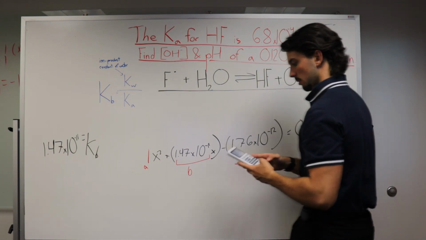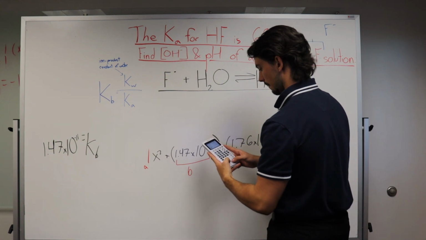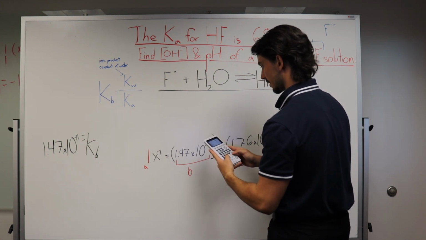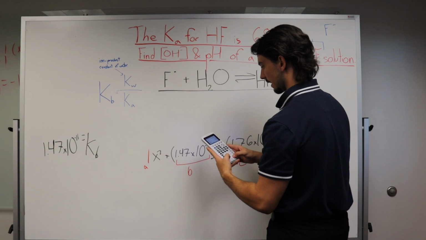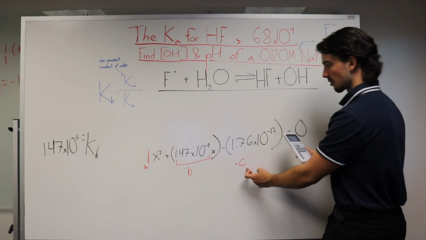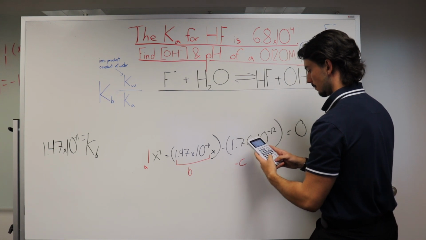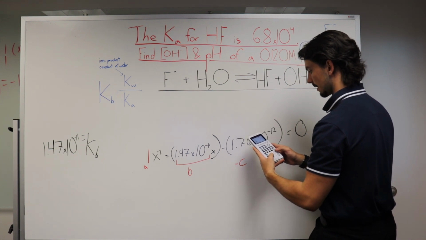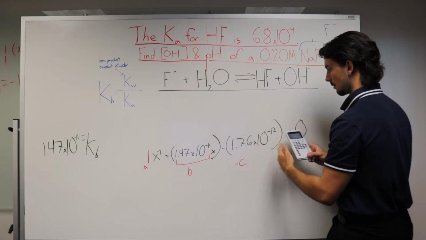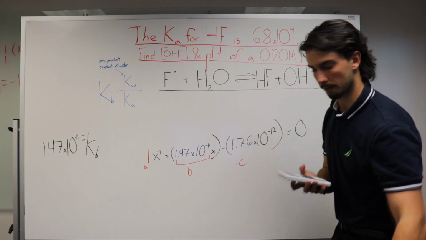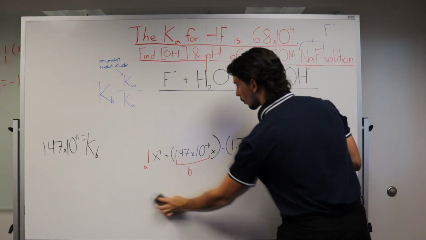Now putting that into the formula, A is 1, B is going to be 1.47 times 10 to the negative 11, and our C is going to be negative 1.76 times 10 to the negative 12 power. Perfect. So, I'll erase this.